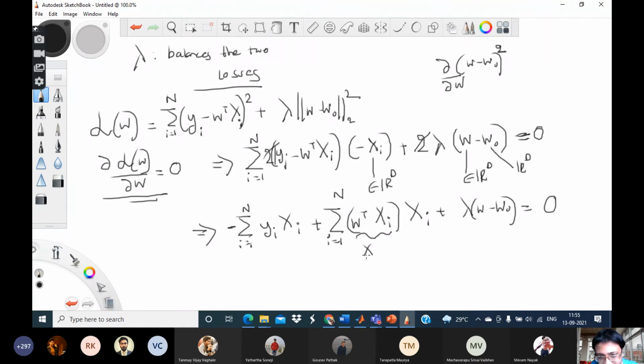I will write this as xi transpose w, and then, doing the old trickery which I had done last time also, I will write this as w xi transpose. And this summation can just come inside.